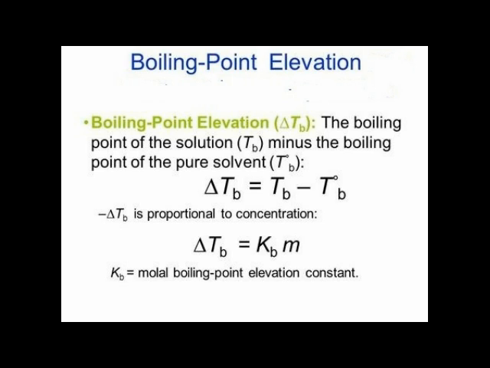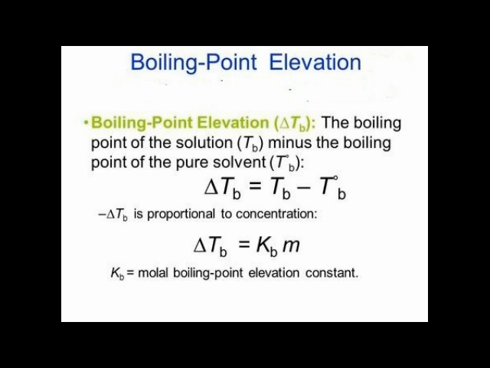So, according to Raoult's law, delta TB is proportional to molality of the solution. To convert the proportional symbol to equal to, a constant is introduced. The constant is Kb here. Kb is the molar boiling point elevation constant, otherwise known as the ebullioscopic constant.